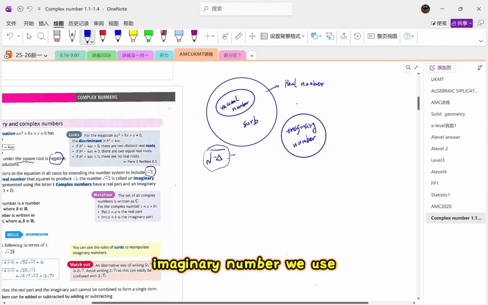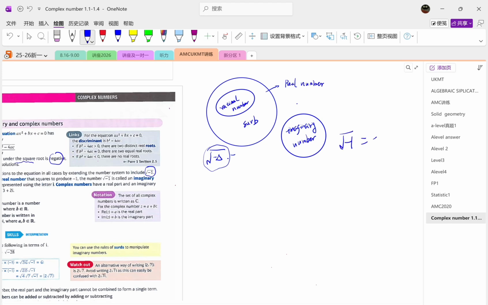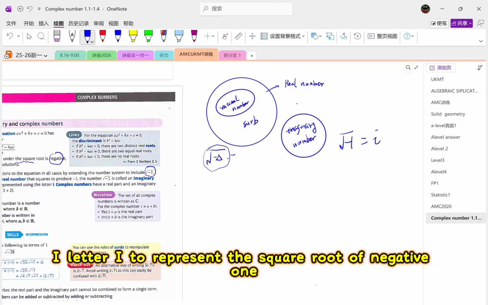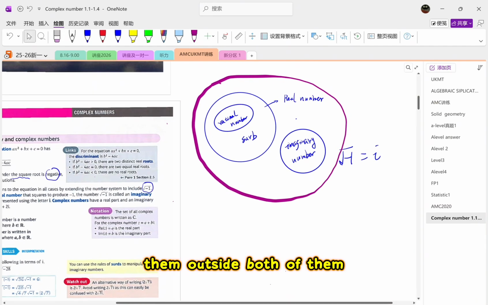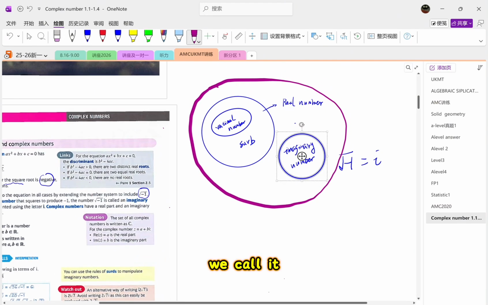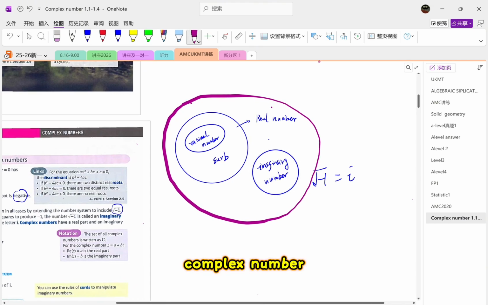We use the letter i to represent the square root of negative 1, then outside both of them, we call it the complex number.